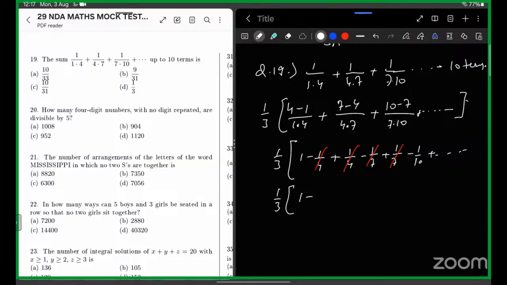10 minus 1 is 9, 9 into 3 is 27. So the last denominator is 4 plus n minus 1, that is 10 minus 1, into common difference of 3.